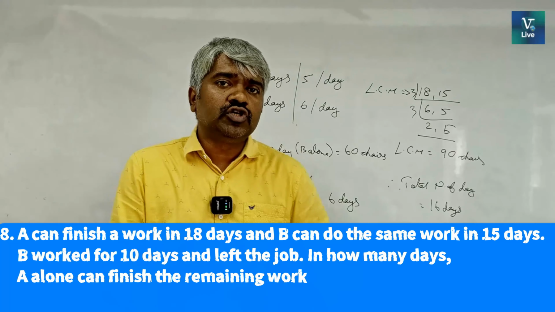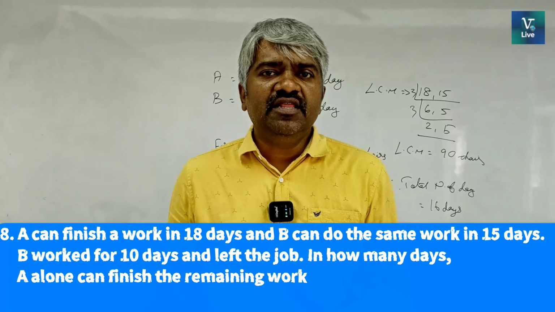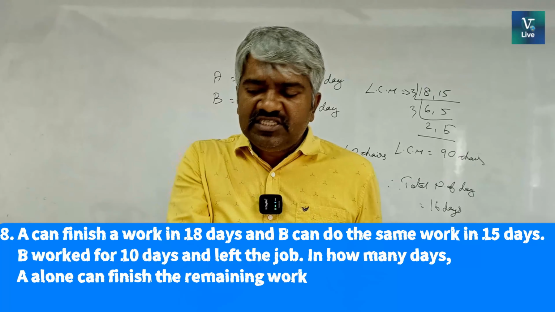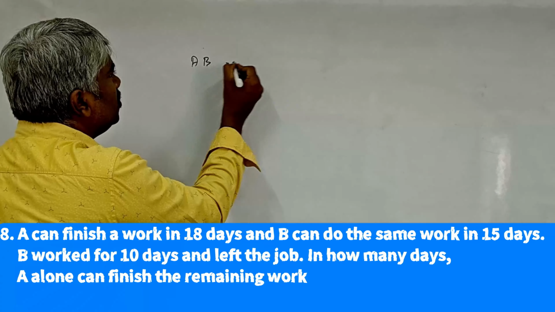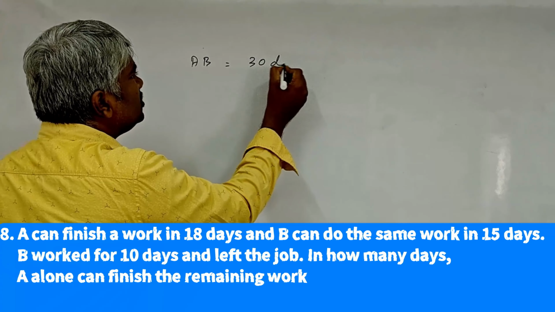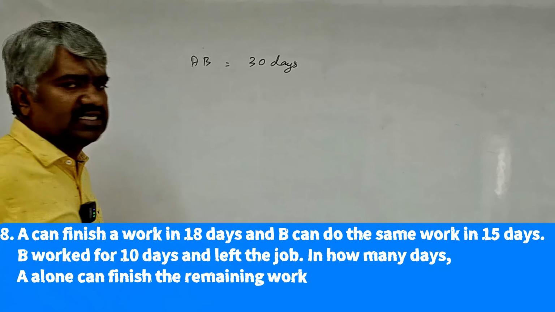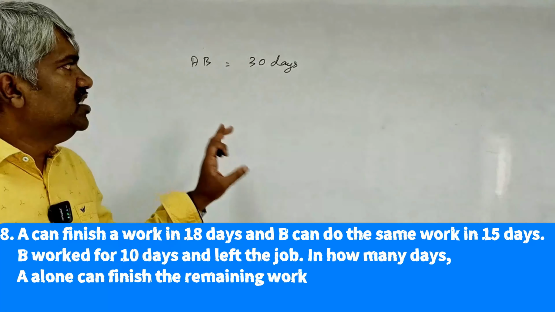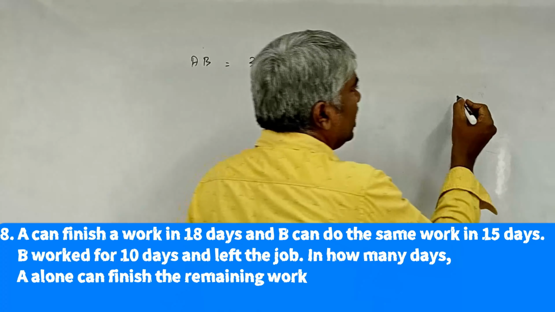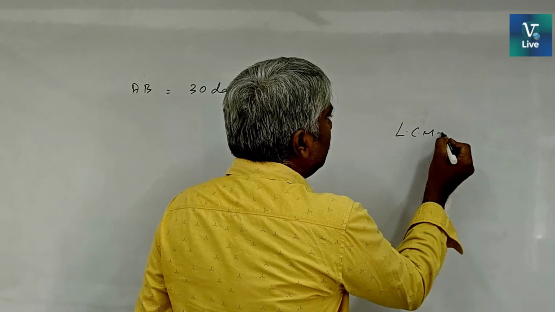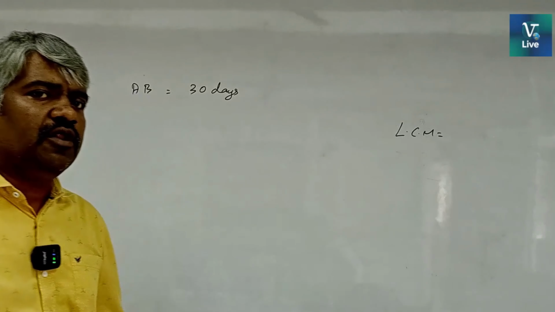This is without solving. Now, I'll explain this sum with step-by-step working. When A and B work together, they take 30 days to complete the task. In this case, we don't have any other data. So, I'm going to take a number which is a multiple of 30.